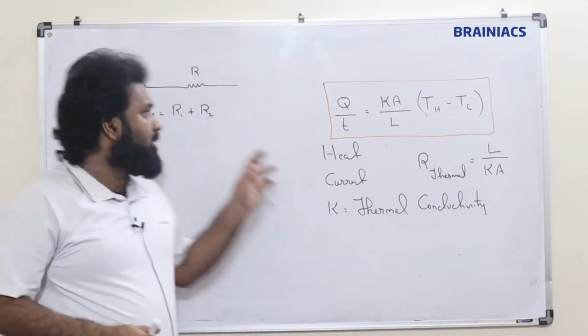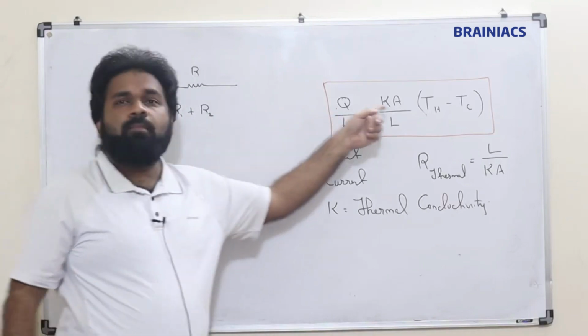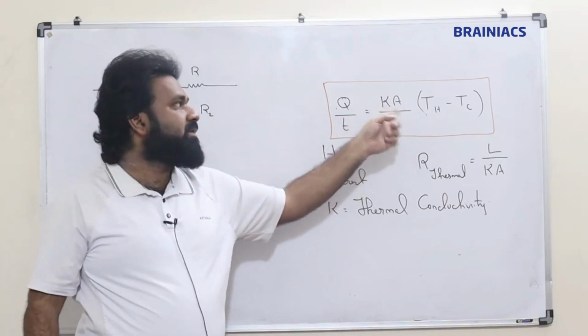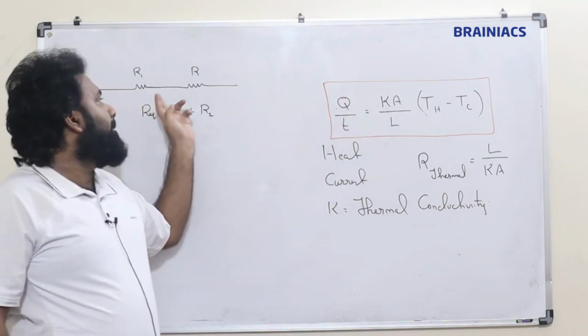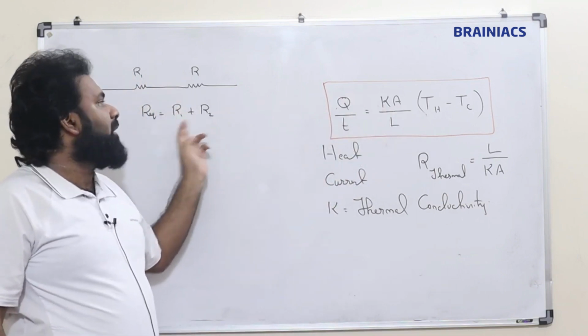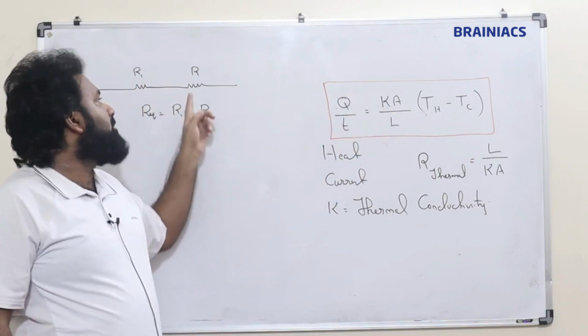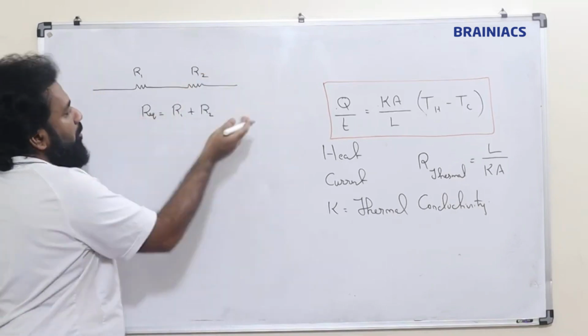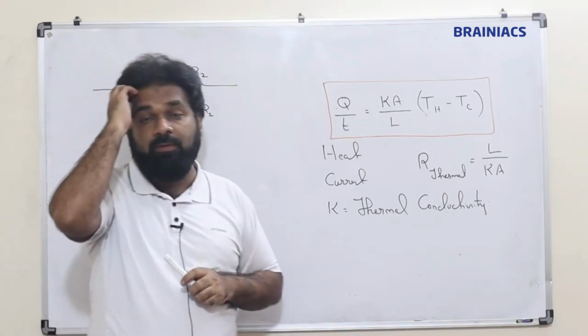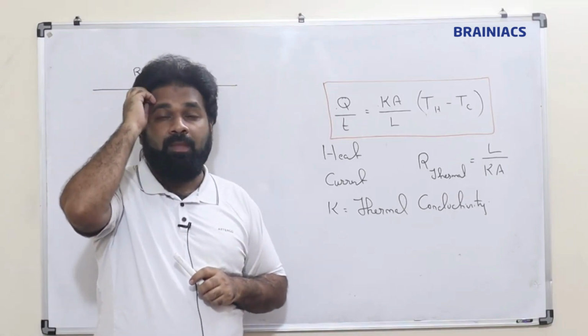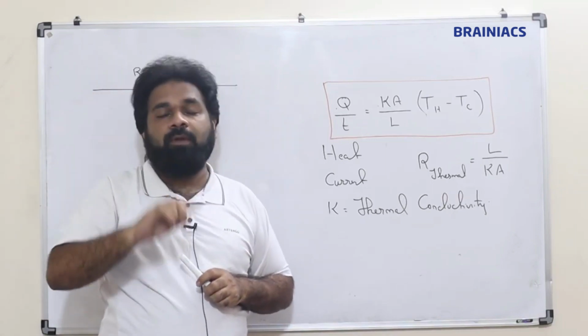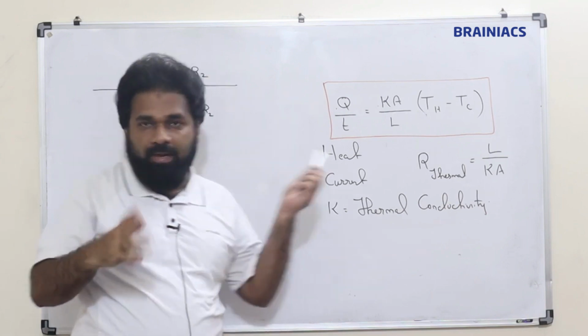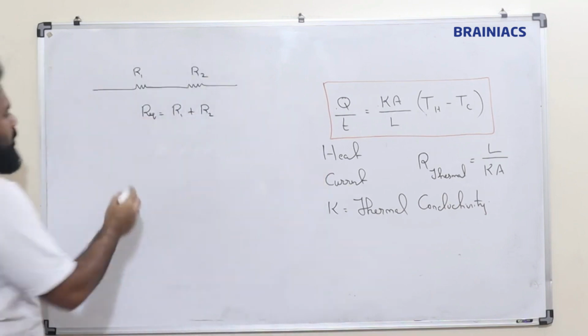So this R1 will be L1 divided by K A, and R2 is L2 divided by K A. Both are two different resistances. So the equivalent is L1 by KA plus L2 by KA. Likewise, this is how it is going to come.